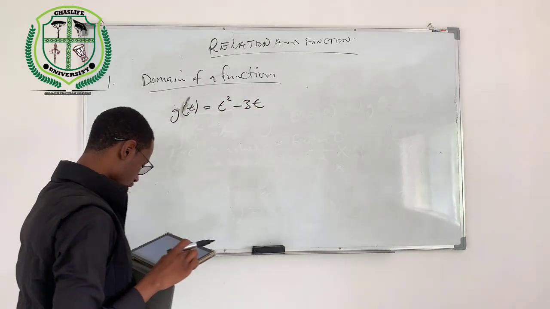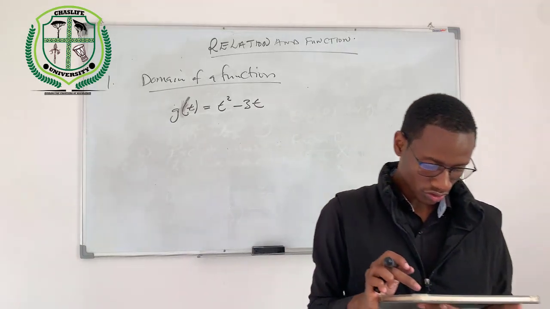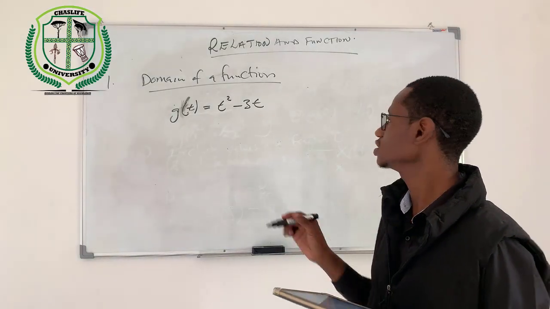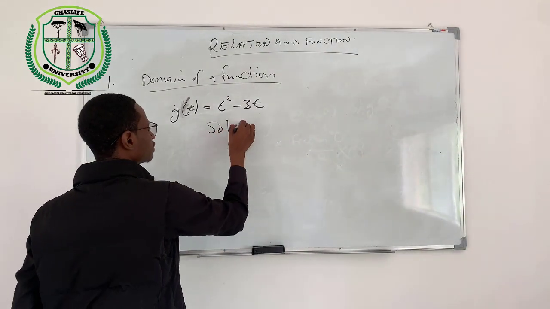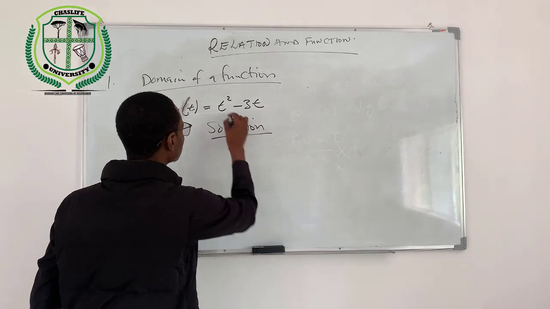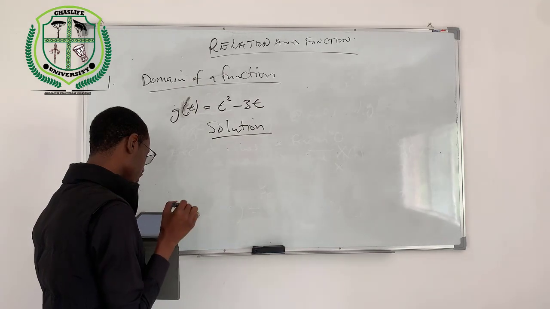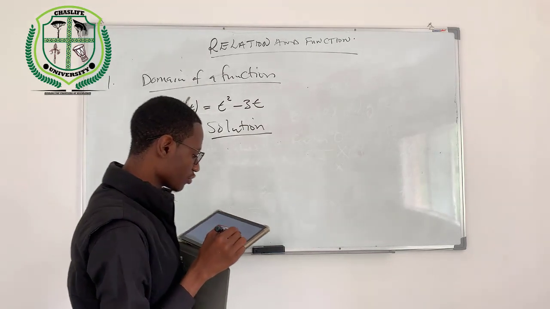Are you there? Okay, so what are the solutions? When you look at this, the function is defined by g. This function has no restrictions, because any real number substituted for t will produce a real number.